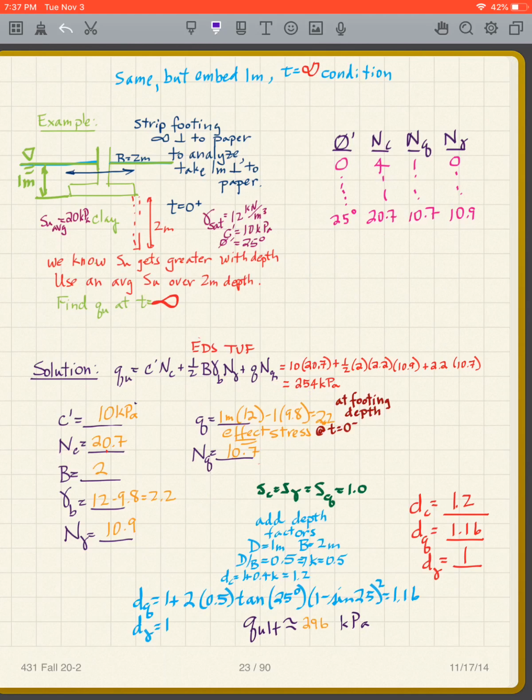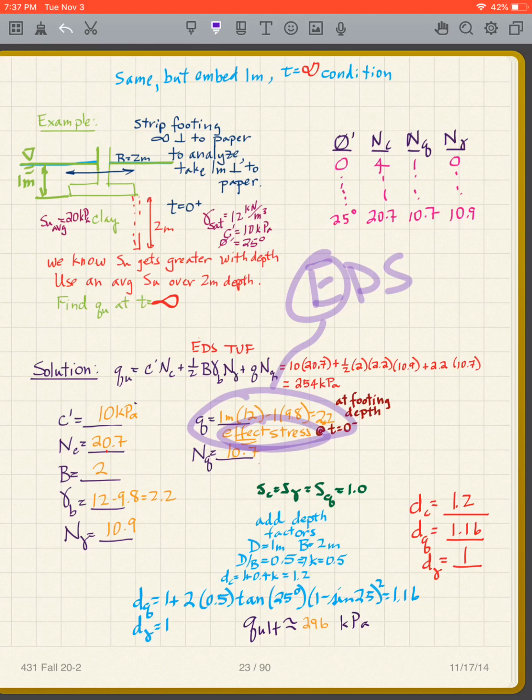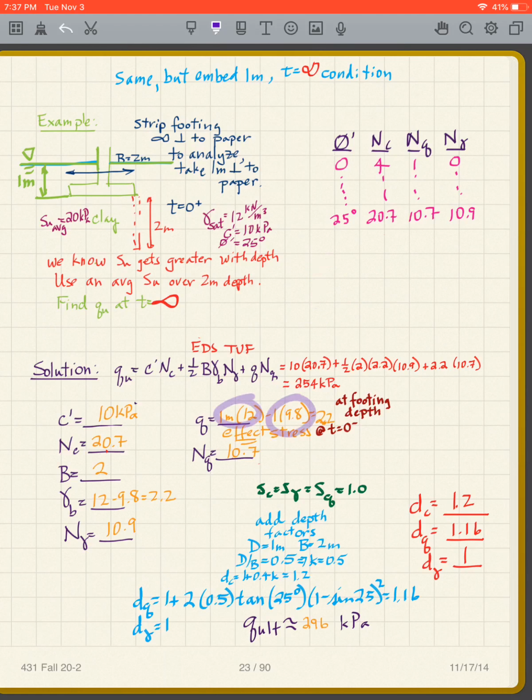Well, again, we are effective drained slow. So that means we get effective stress at the footing depth, not total stress. So we put in effective stress. So it's 1 times 12 minus 1 times 9.8, which is 2.2.